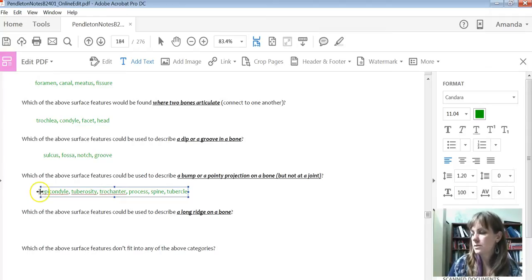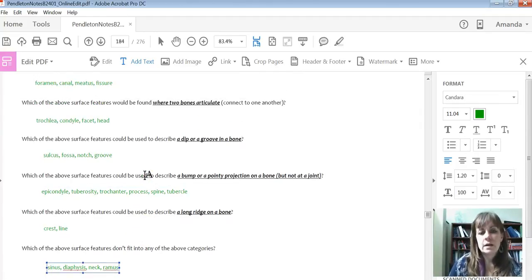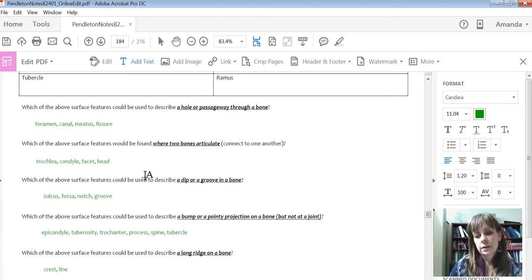These are all some sort of bump or a pointy projection. A long ridge is a crest or a line. And then there are some that just don't fit into any category: sinus, diaphysis, neck, ramus.